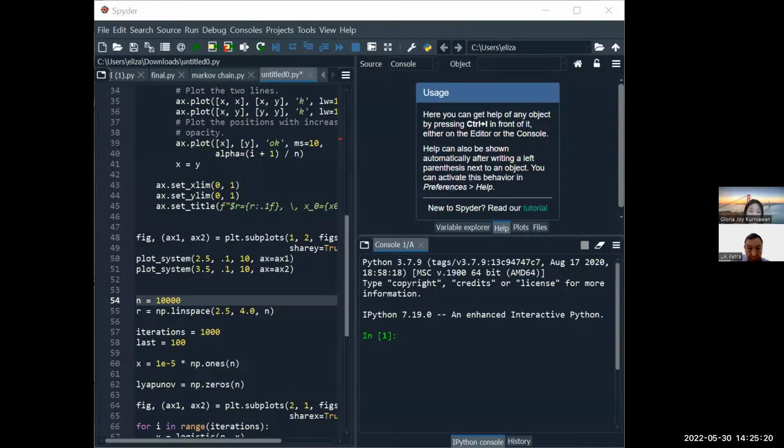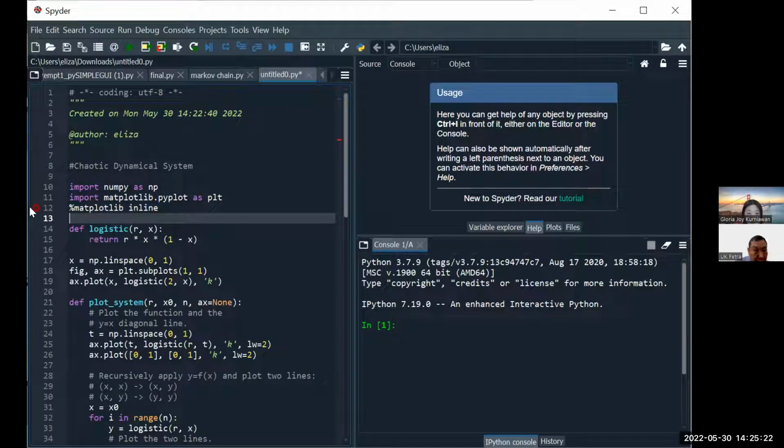Is this okay? I have an error here. Oh, that error is easy. You just comment that out because that is for Jupyter. You just use Control F, Control 1.